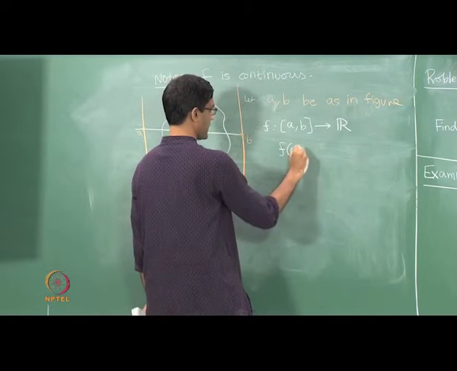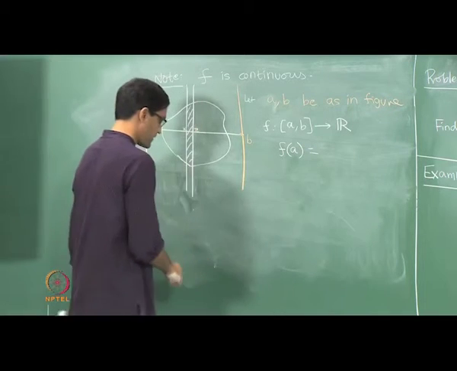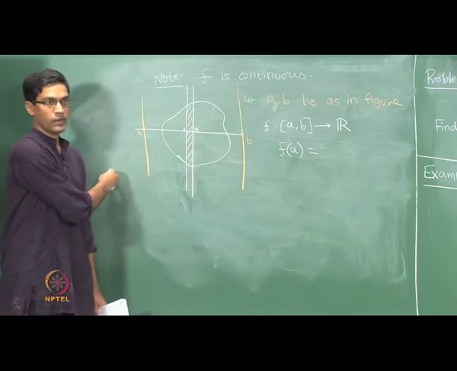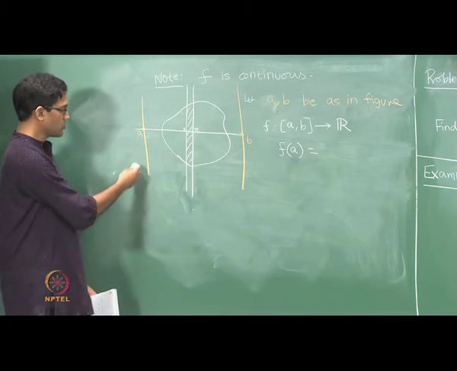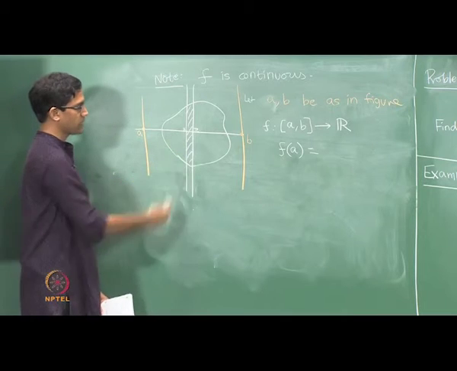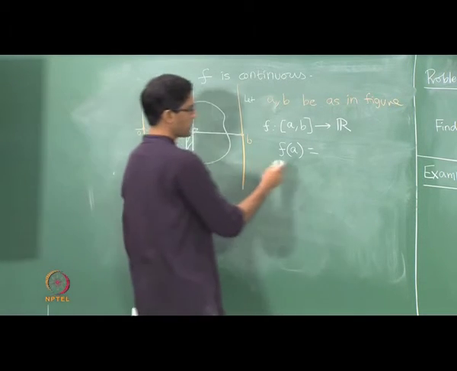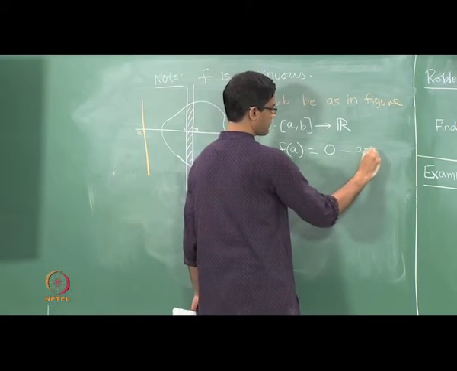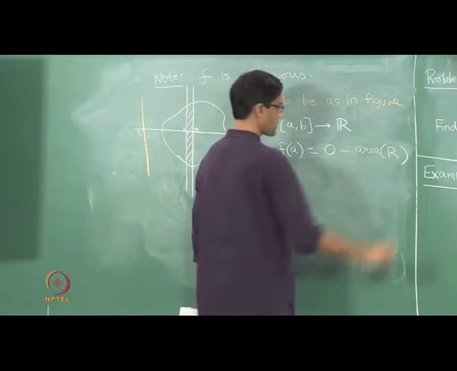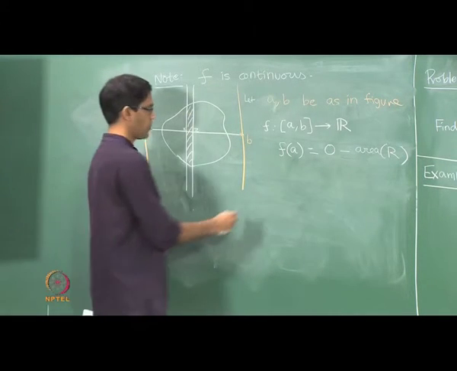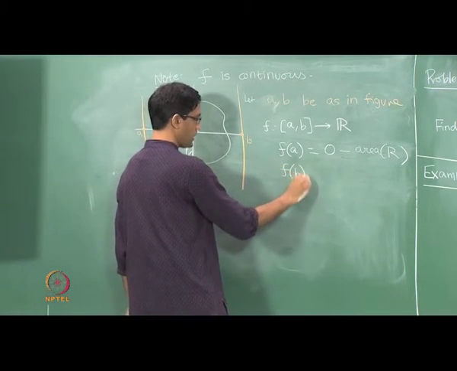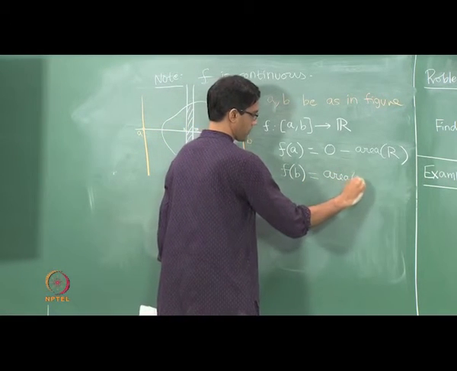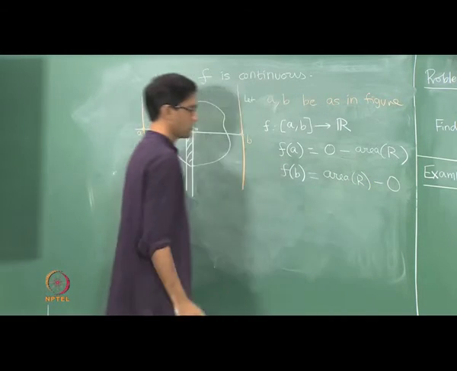So observe that if I take the value of f at A, what it will give me is the area to the left of A minus the area to the right of A. There is no area to the left of A, the entire area lies to the right of A. So this is just going to give me 0 minus the full area of the region R. Now for the right endpoint B, the area to the left is the full area, and the area to the right is 0.